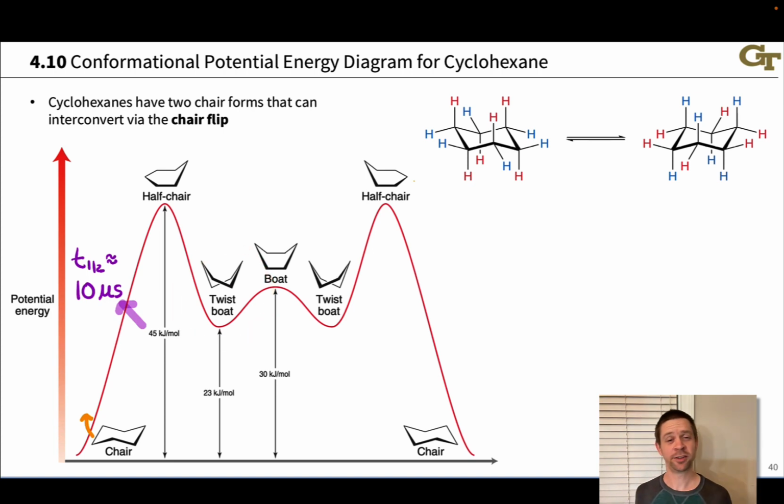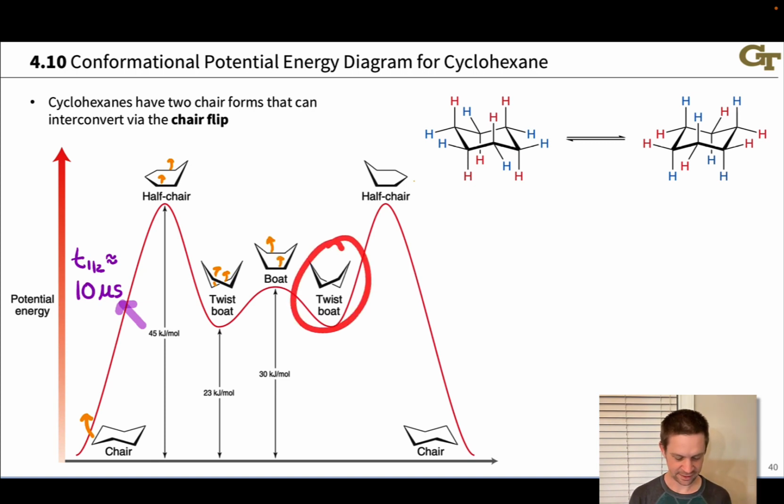Now, to continue on to the next chair, the twist boat rotates a little bit more to create the boat structure. And we saw previously this is a local energy maximum because of those flagpole interactions and pretty bad eclipsing. The eclipsing is not as bad as in the half chair, but it's still pretty bad. And so this can rotate into the other enantiomeric or mirror image twist boat of the one on the left.